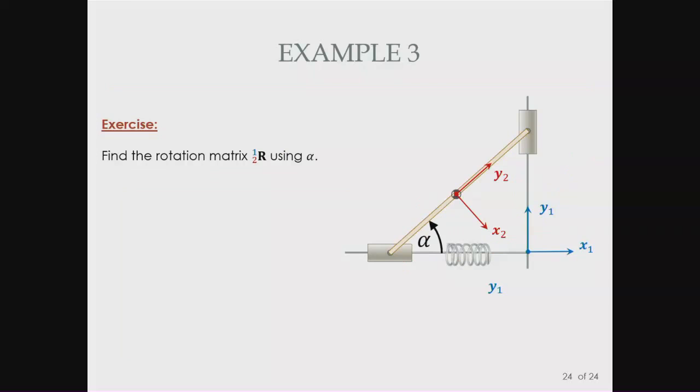Okay, so the last example is this one. Essentially, it's pretty much the same. What you see here is possibly confusing: these coordinate systems are drawn without the same origin.